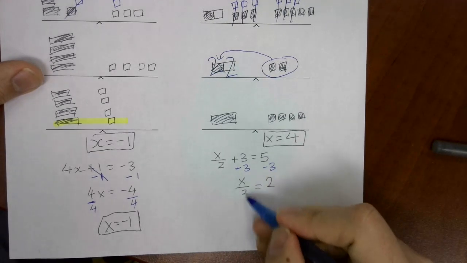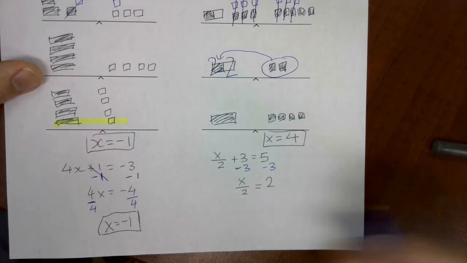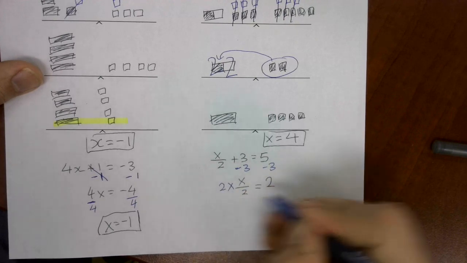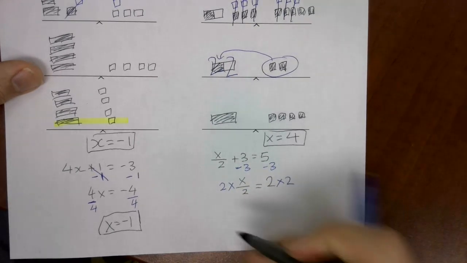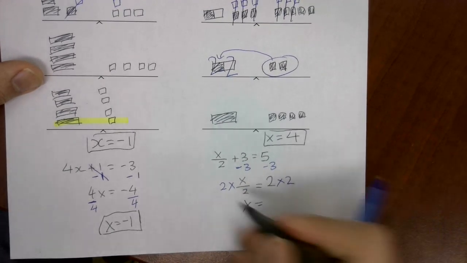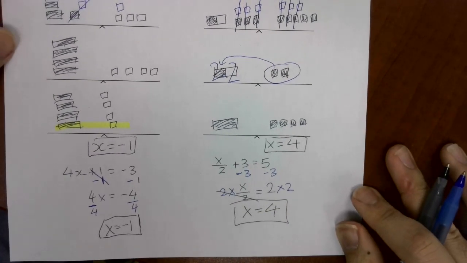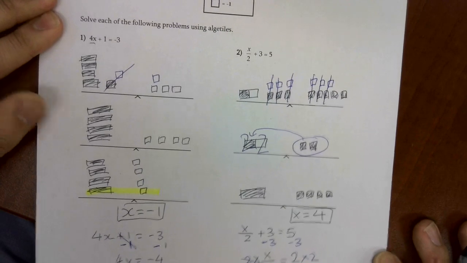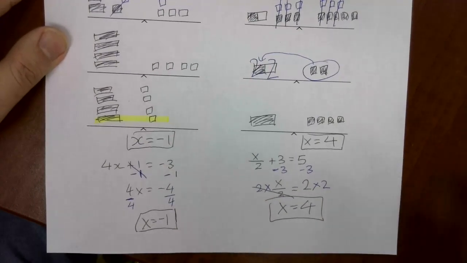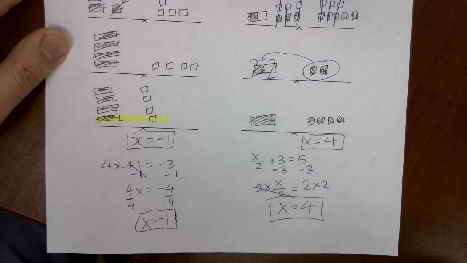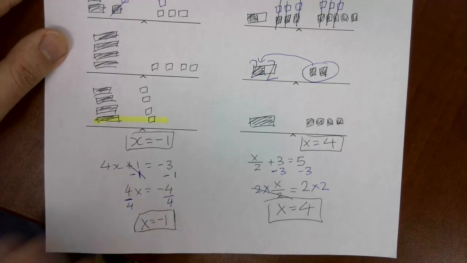Now, because this is division, the opposite is multiplication. So we're going to multiply by 2 on both sides. And my answer should be x equals 4. And that's it. That is my first page. Very, very easy. If you want, just pause the video so that way we can move on to the next one. Okay? So let's do the next page.